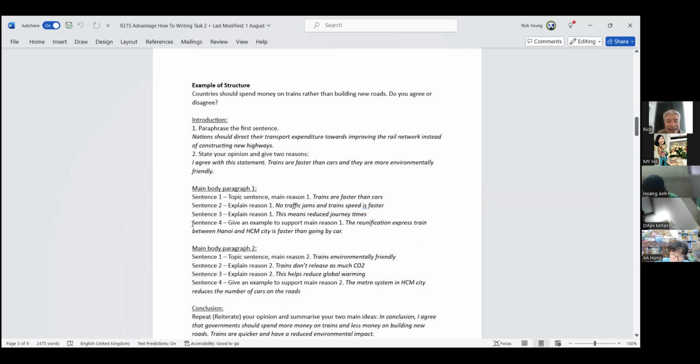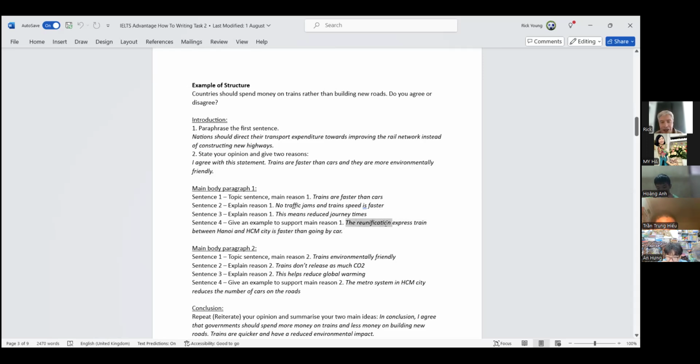I need to give an example in sentence 4. Chung Hu, can you please read my example? Give an example to support the main reason 1. The Reunification Express train between Hanoi and Ho Chi Minh City is faster than going by car. Okay, good. This word, by the way, is pronounced reunification.